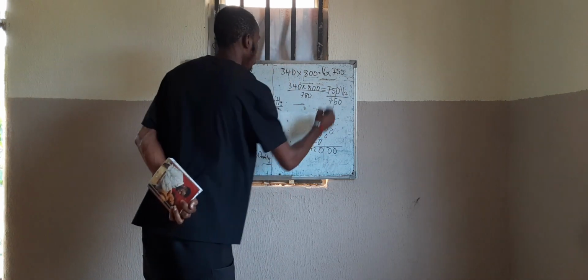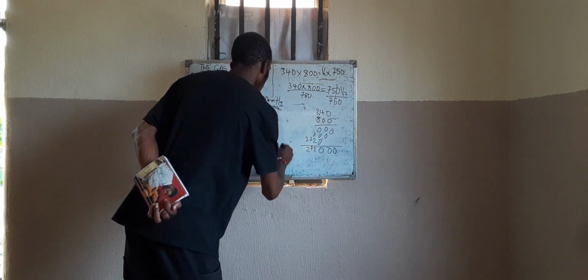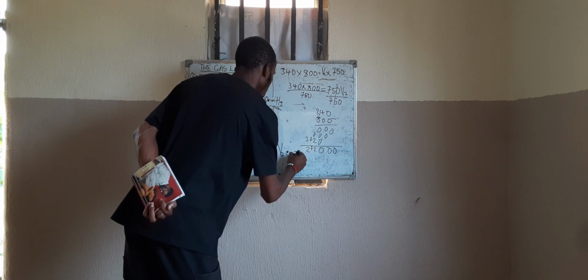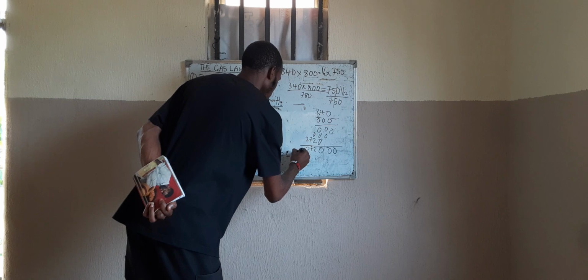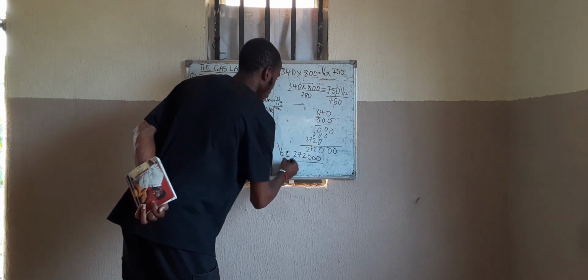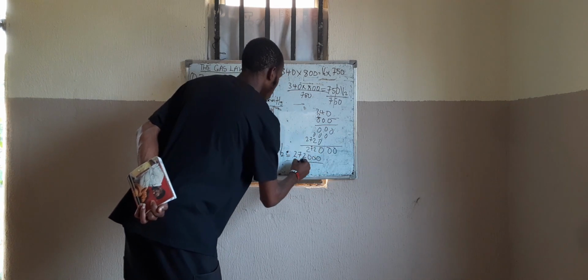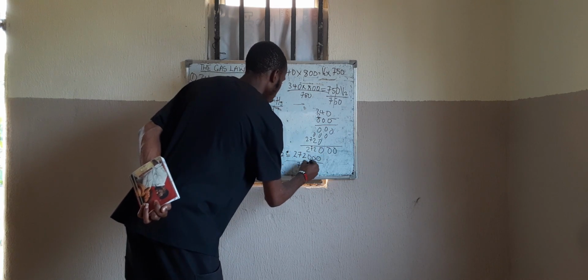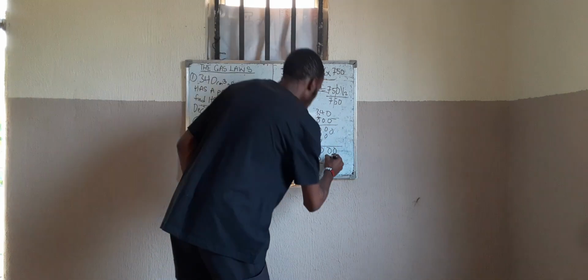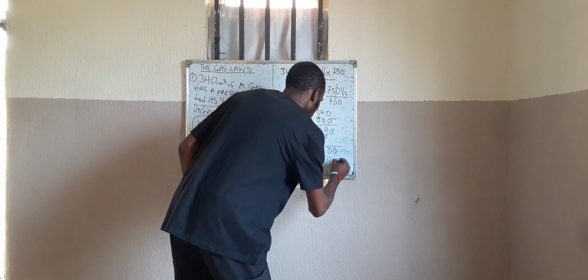So now V2 is now 272,000 divided by 750, which will now give us 362.6.